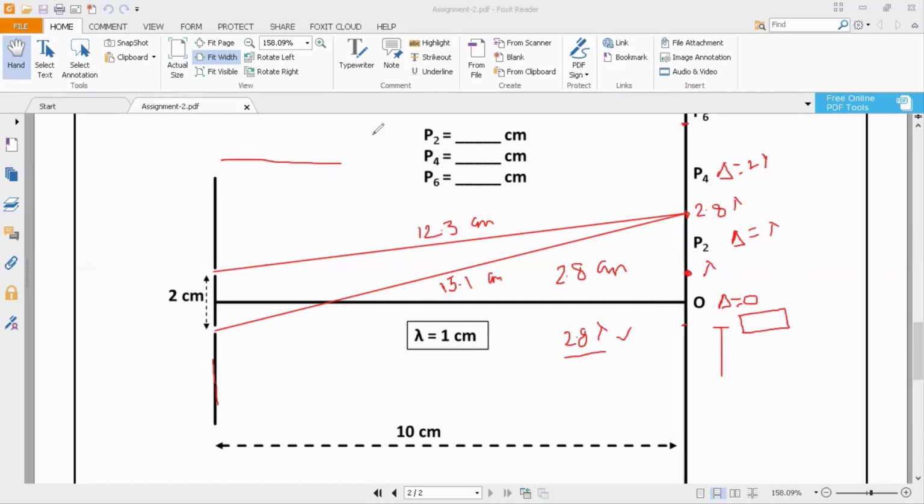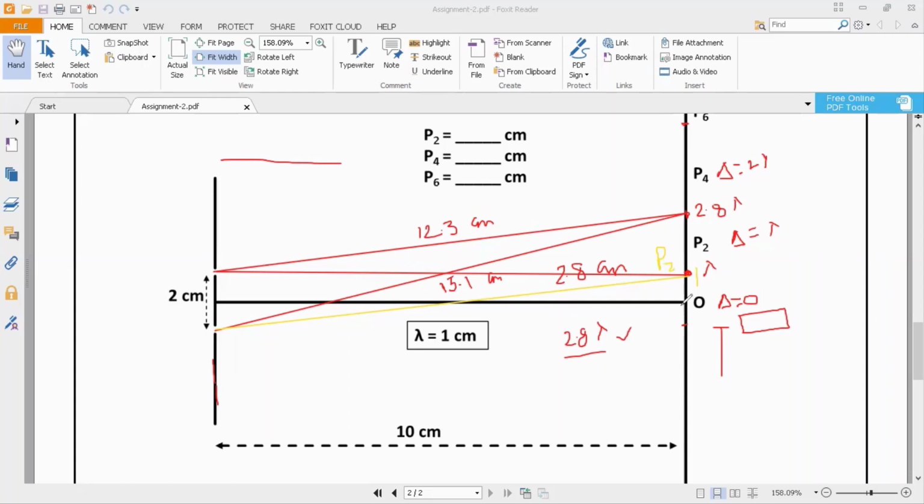If I draw from here to here, and another one here, then the difference may be lambda. So at this point the path difference is 1 centimeter, or lambda. So delta is equal to lambda. This is the point where the maximum intensity is coming. So that point I'll fix. This point is P2.